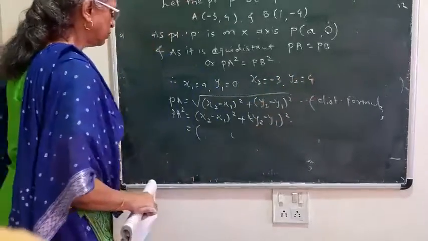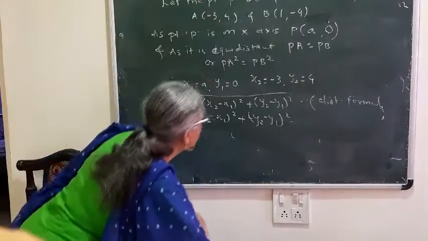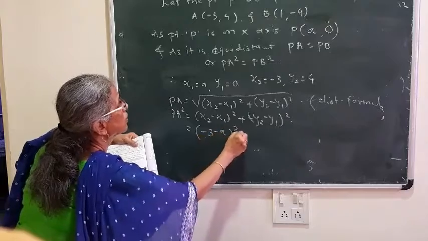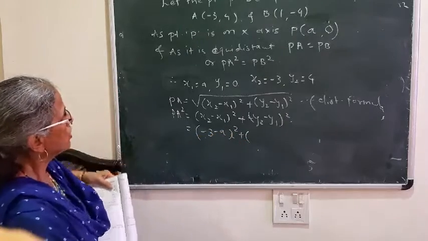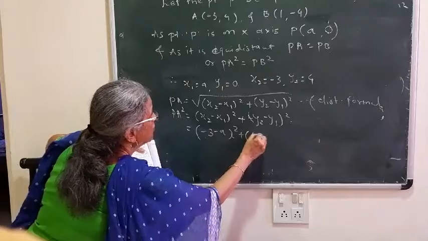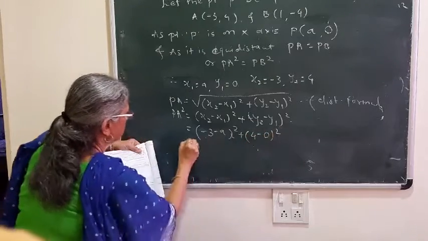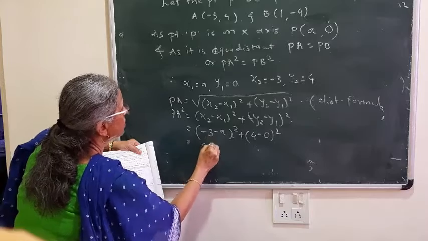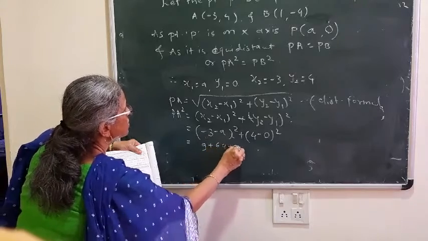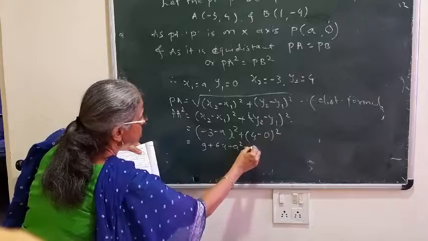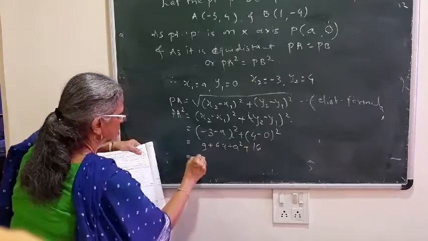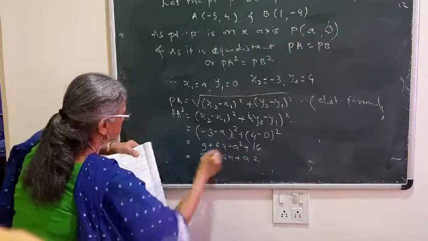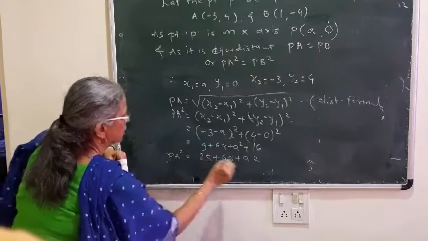So what will be x2 minus x1? Minus 3 minus a whole square plus y2 is 4 minus 0 whole square. So here binomial square: 9 plus 6a plus a square plus 4 minus 0, 4 square will be 16. So it will be 25 plus 6a plus a square. So that is our PA square. Let it be 1.